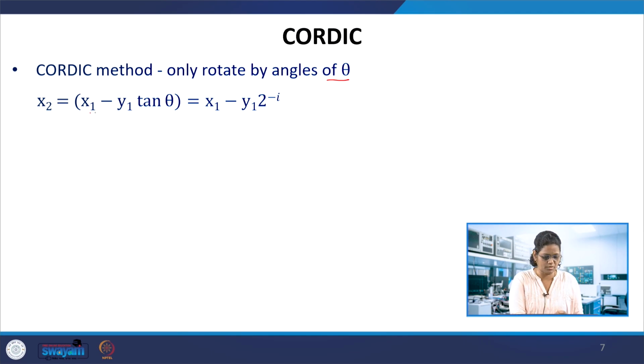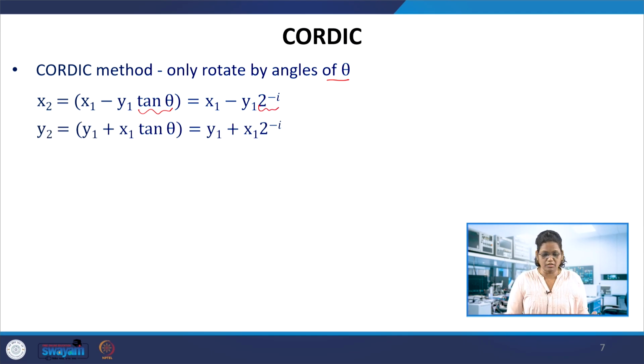If you make tan theta equal to 2 power minus i, the expression simplifies to x2 equals x1 minus y1 times 2 power minus i, and y2 equals y1 plus x1 times 2 power minus i. So tan theta i equals 2 power minus i.